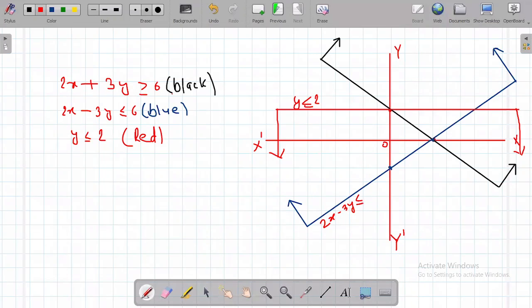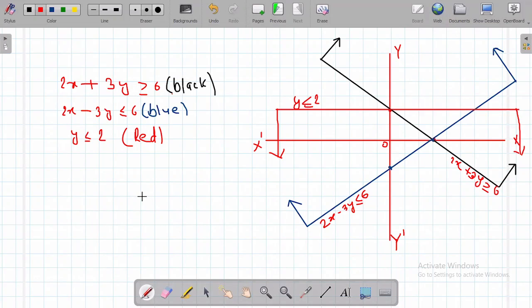And the black one, 2x plus 3y greater than or equal to 6. Okay, I have given the names also. The three inequalities are there, which I have shown in the graph, the boundary line with the boundary region.